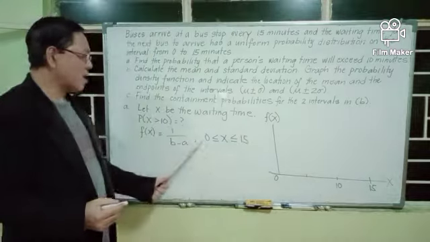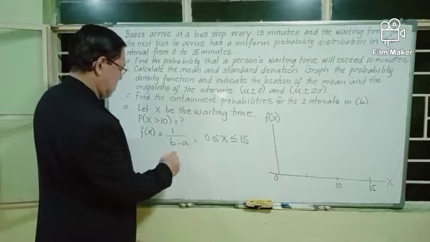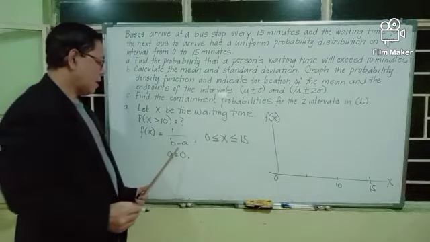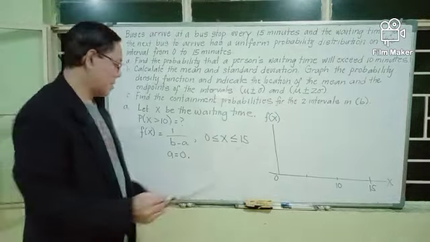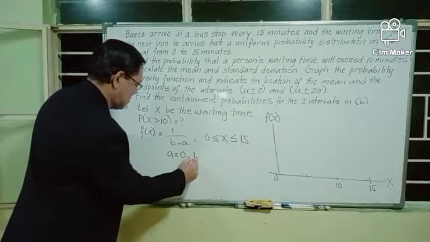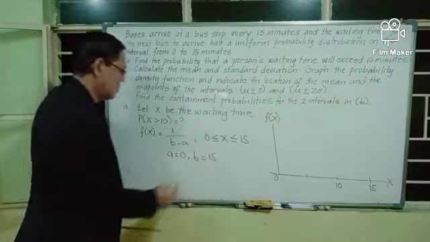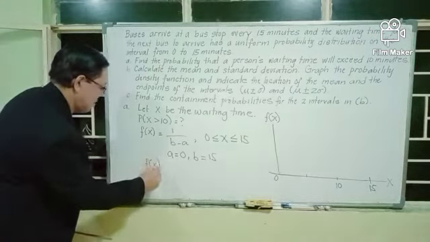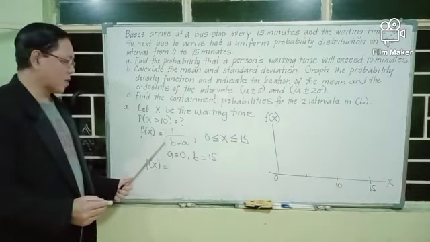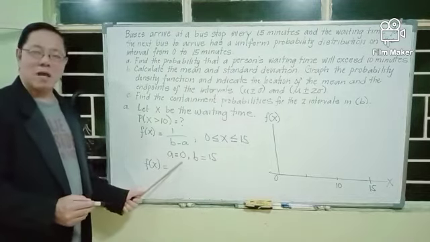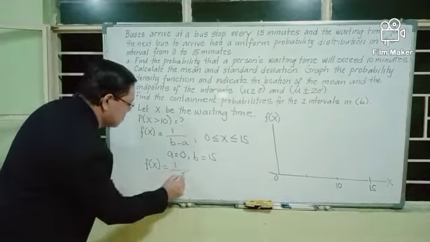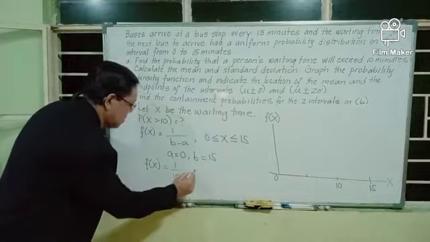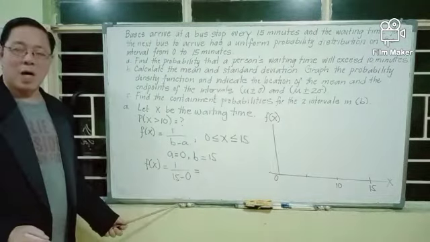This means that a is 0 and b is 15 minutes. Hence, f of x simplifies to 1 over 15 minus 0, or this is 1 over 15.